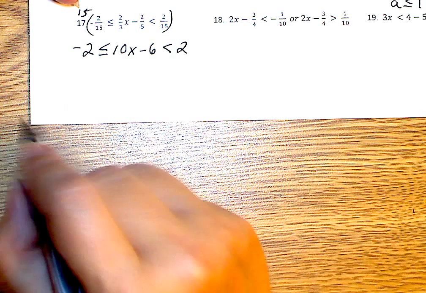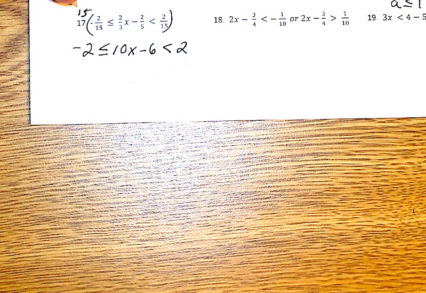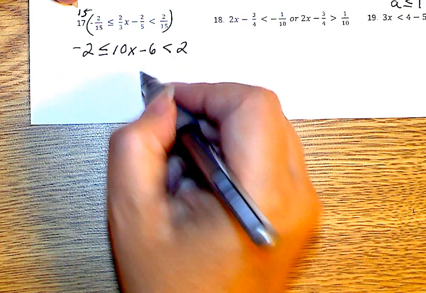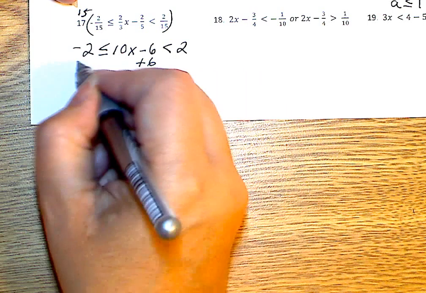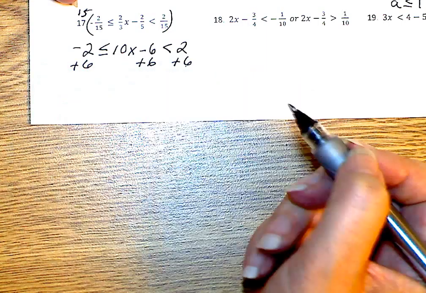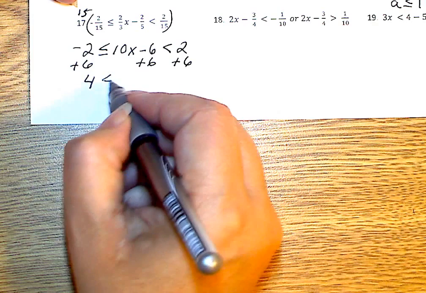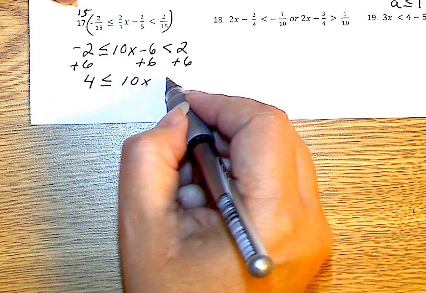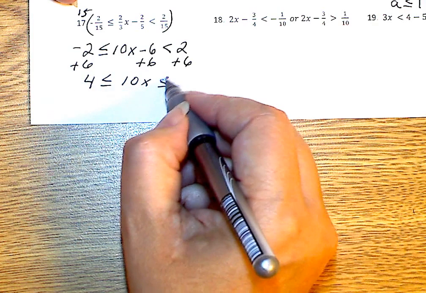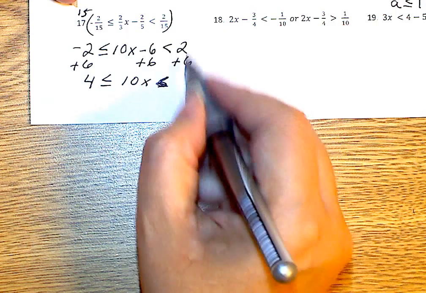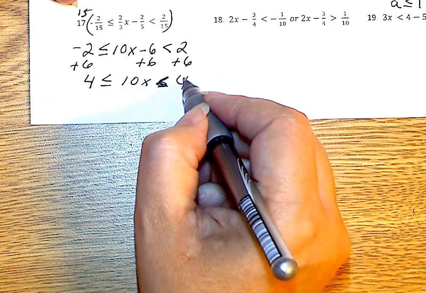Now that it's flat, you can simply do what we're used to. So we're going to add 6. So that means we have to add 6 all over. So I have 4 is less than or equal to 10x, which is less than 8.